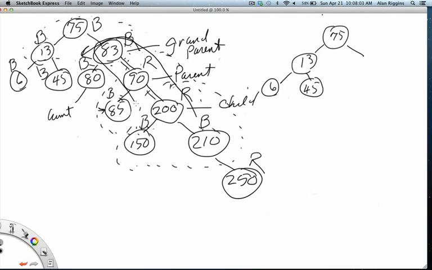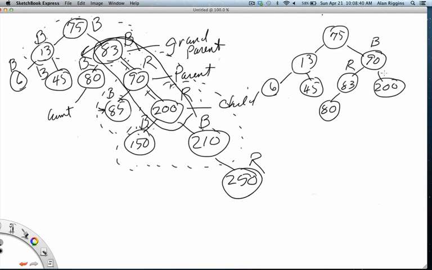So we have 90, 83, 200. Now we have 80 here. Let's color these nodes. After a rotate, we have black, red, and red.